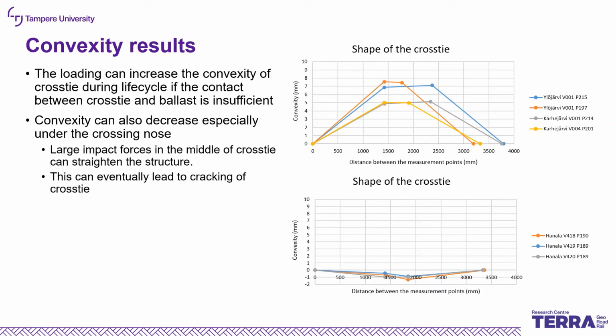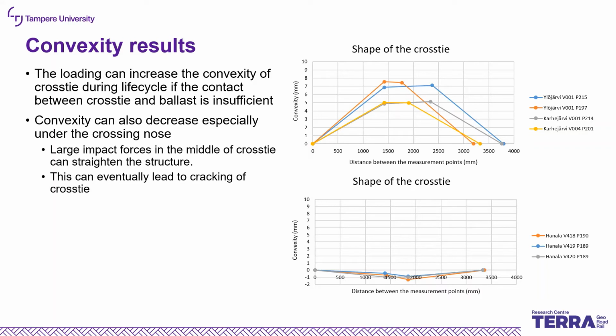That means that if the convexity is that much, we believe that there will already be some kind of cracks in the sleeper. In these few examples there in Ylöjärvi and Karjärvi.